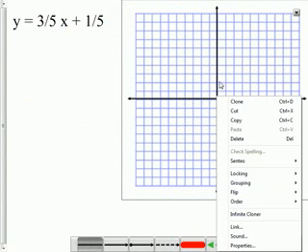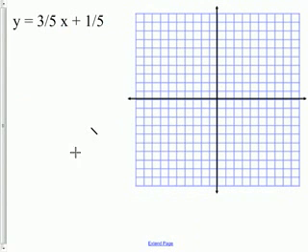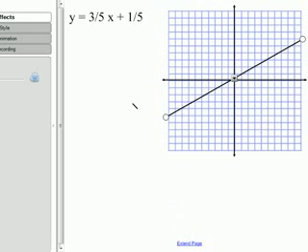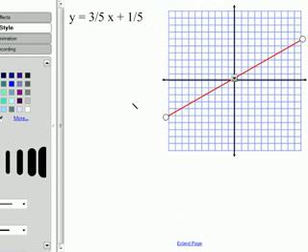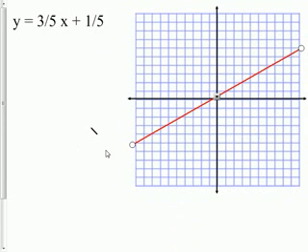So 1/5 is about here, and let's just draw a line here. And we want to go up 3 and over 5. Something about like this. I'm going to go ahead and extend this line. Okay, and so there's our first line, and I'm going to go ahead and make that red for the purpose of this discussion. We can see where it goes.